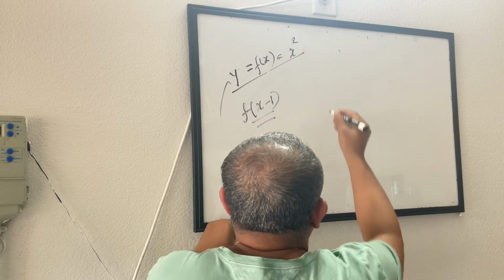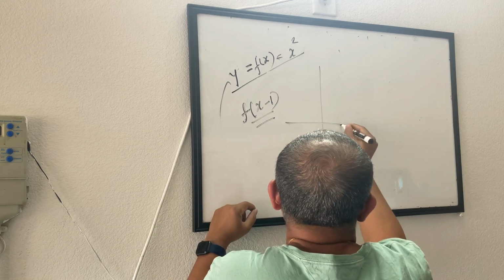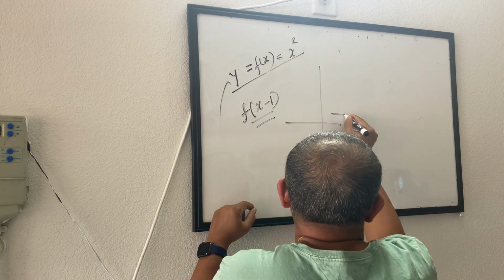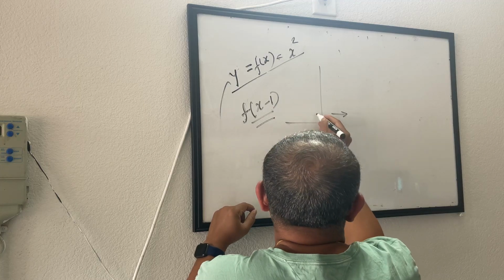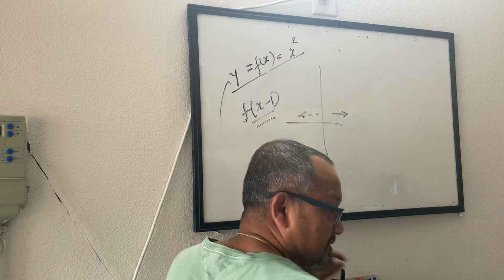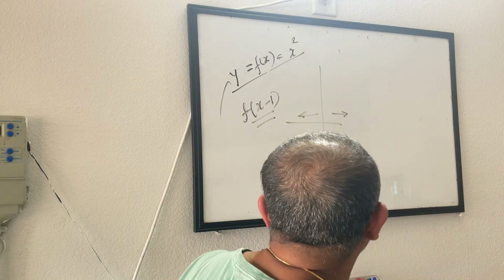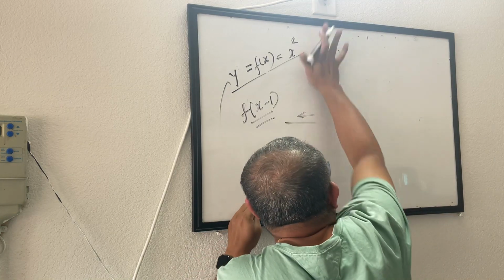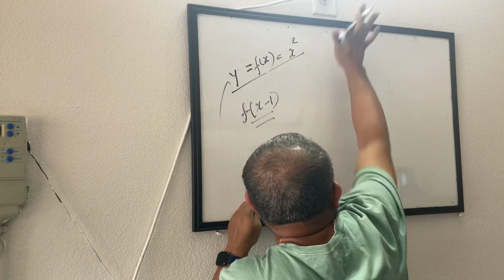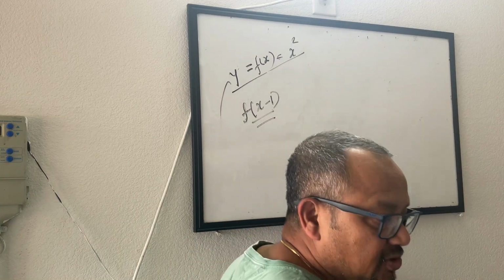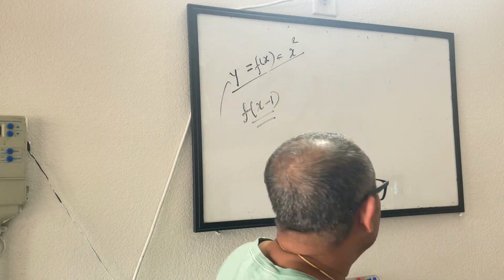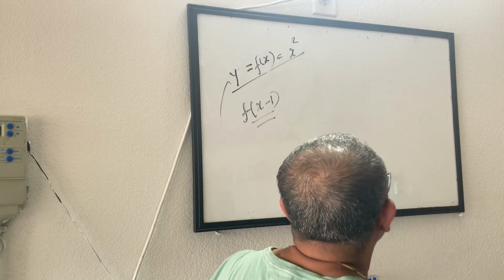Some of you told me that when you do a minus, it moves this way, and it moves this way if you do a plus. Let's see that in the simplest possible way. While teaching, I have seen it so many times that I have memorized it, but let's not trust somebody's memory.